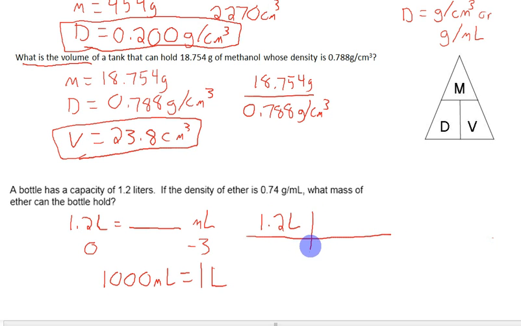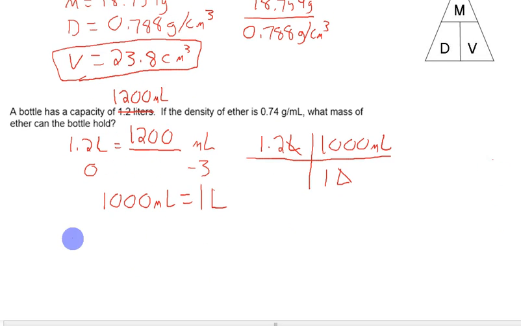It's a dimensional analysis problem, and we set it up so that the liters will be able to cancel. So I put the 1 liter portion of this here, and then the 1,000 milliliters will go up top. 1.2 times 1,000 comes out to 1,200. So instead of 1.2 liters, I consider this as 1,200 milliliters.